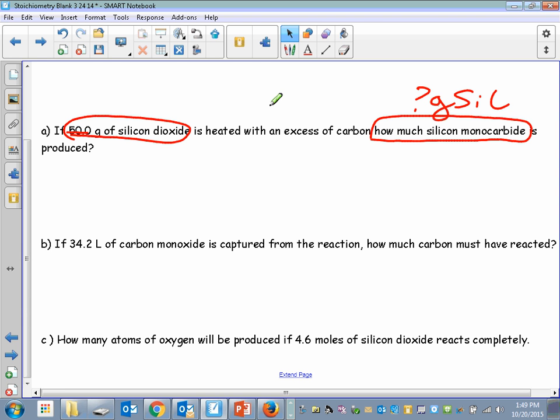How many atoms of oxygen will be produced from 4.6 ounces of silicon dioxide? You were going to break the moles down to atoms.